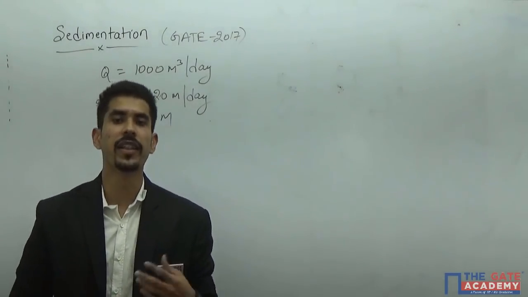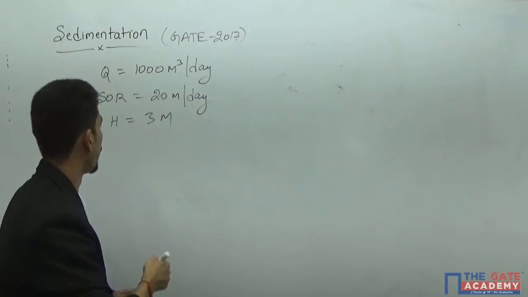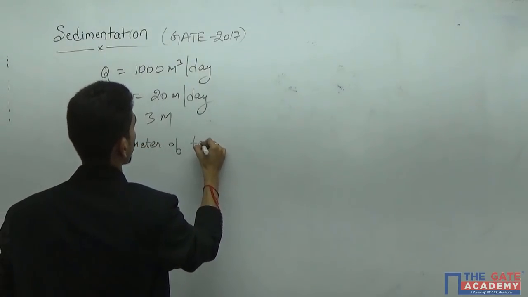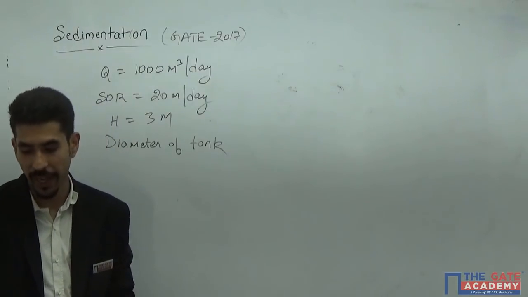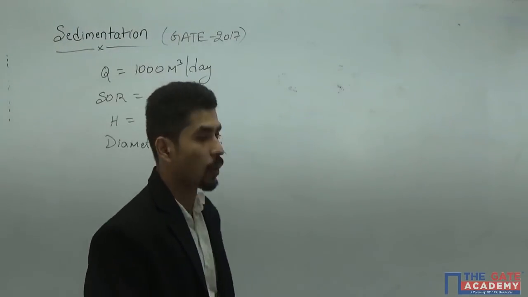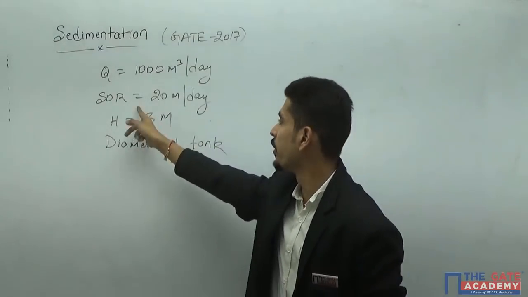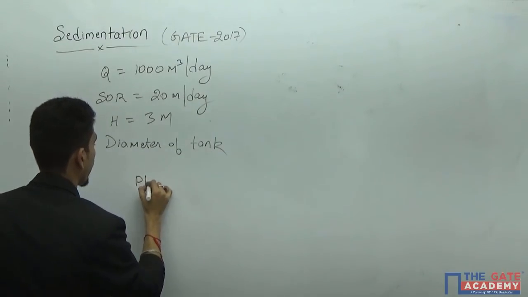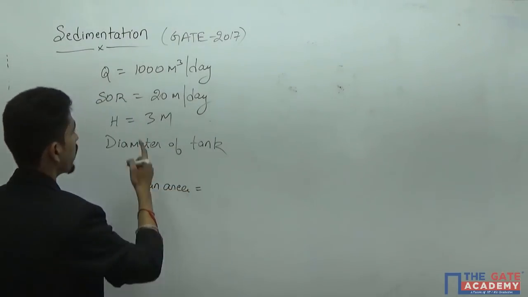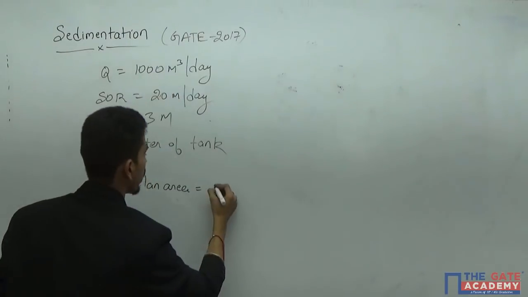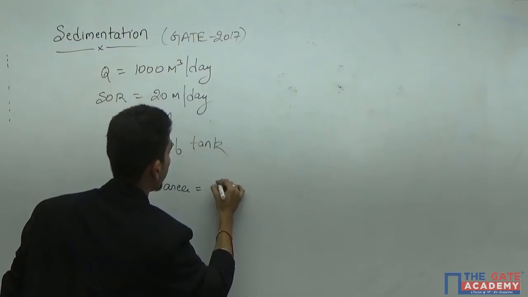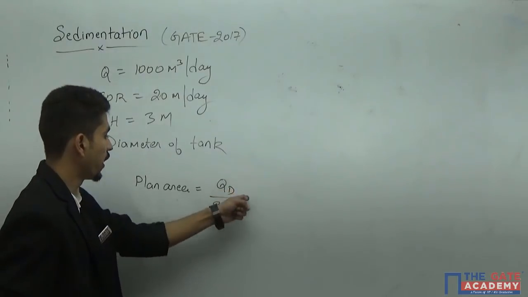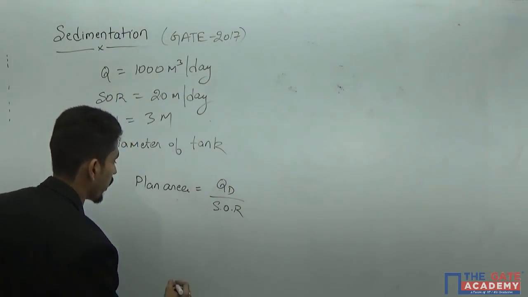He is asking the diameter of the circular tank. We need to find the diameter of the tank. Simple question. He has given discharge and surface overflow rate. We know that plan area is equal to QD divided by surface overflow rate.